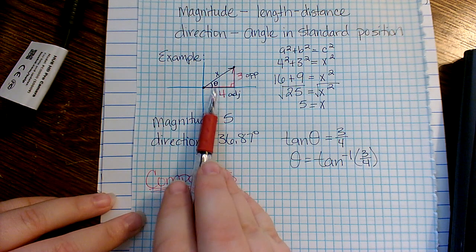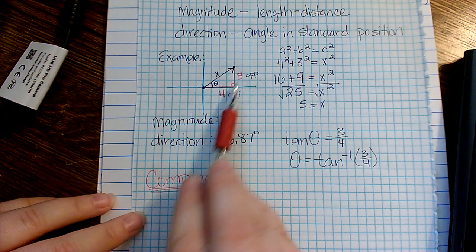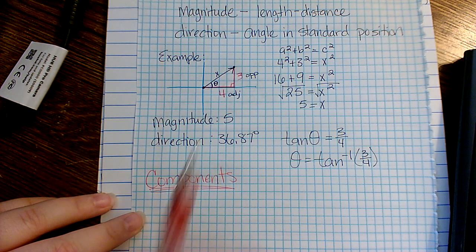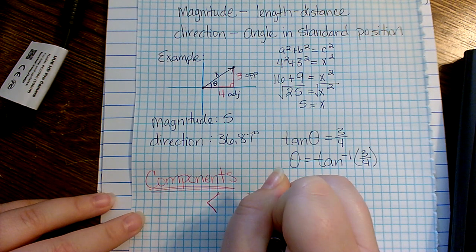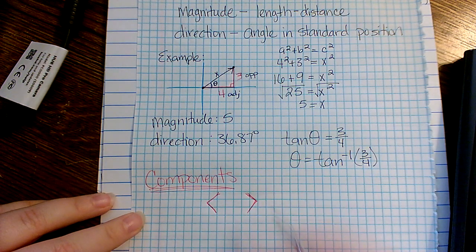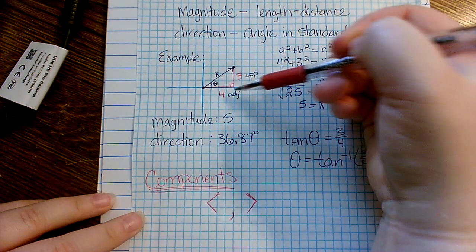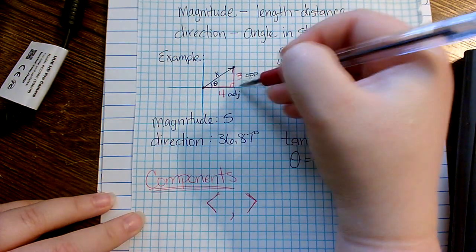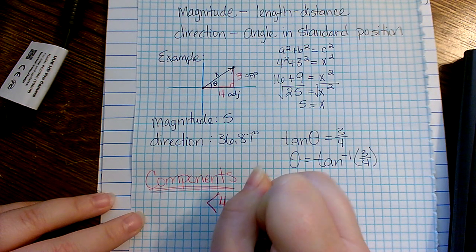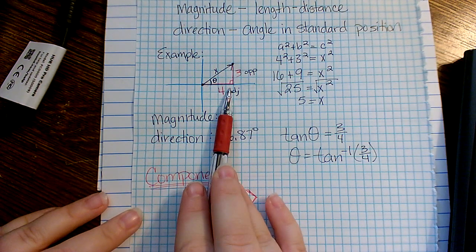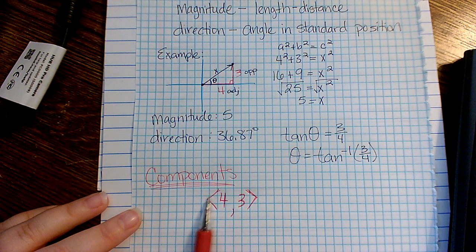Or we could describe this vector in terms of its components. This is the component form, where you use the pointy brackets and put the x and then the y. The x was 4, the y was 3, so the component form of this vector is <4, 3>.